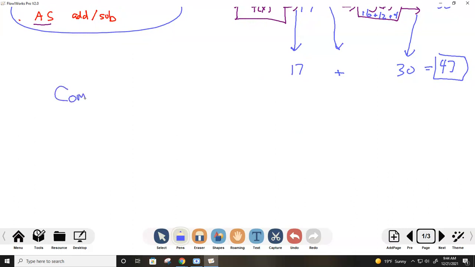So when we look at this idea of composition, think of it almost like an assembly line. And I can't even spell here.